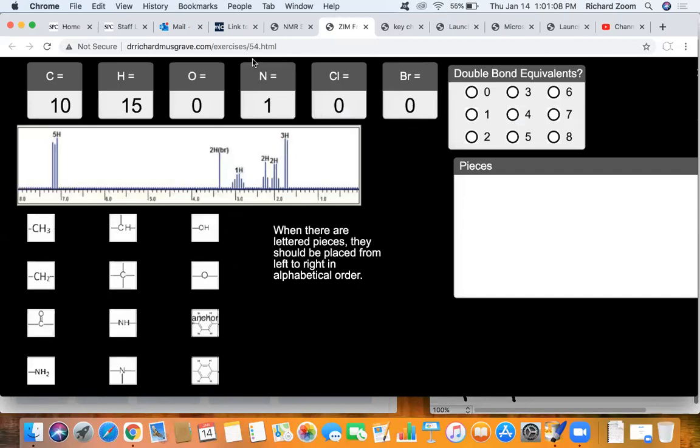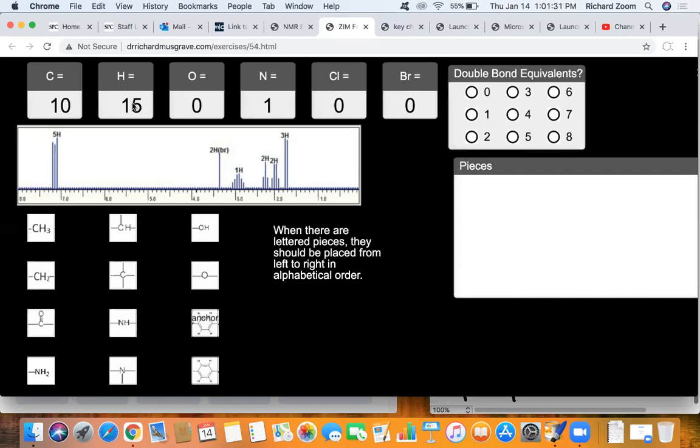Yeah, it is super helpful. You'll see in a second. What you'll do, and I've got a video here as well on the page to show you how to do this, but I'll just go through this one and show you how it works. The first thing is you look at the molecular formula. So C equals 10, H equals 15, N equals 1.